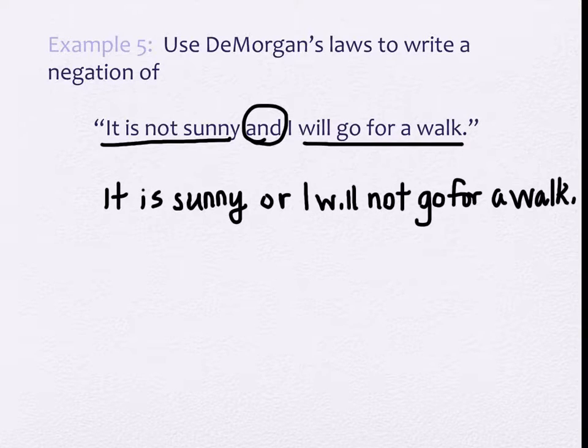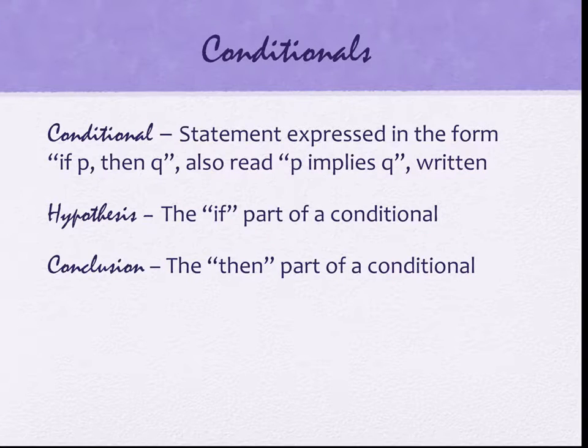Thanks, Karina. All right, one other type of compound statement. We've done conjunctions, that's and statements. We've done disjunctions, it's or statements. And the last time we were together, we talked about the third type of statement, if-then statements. If-then statements are referred to as conditionals.